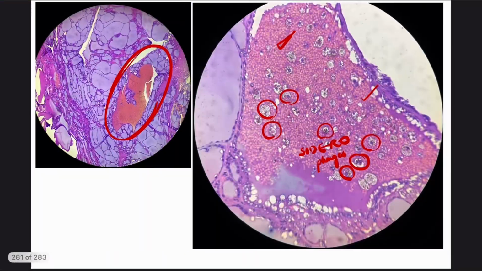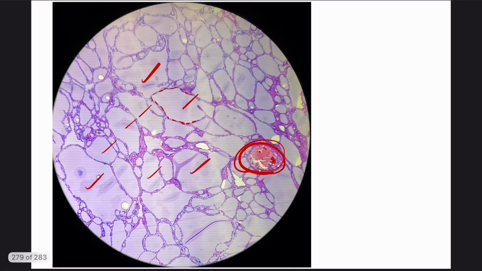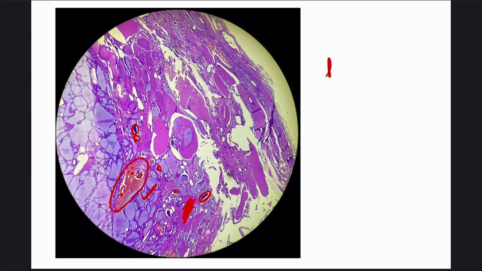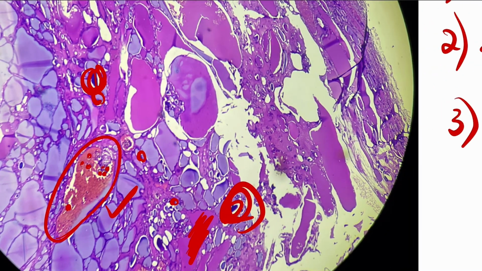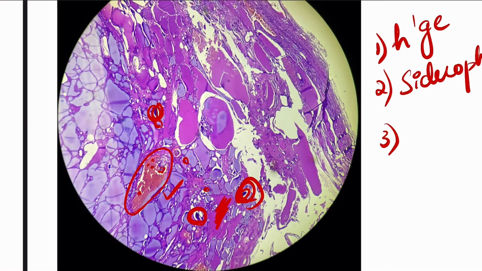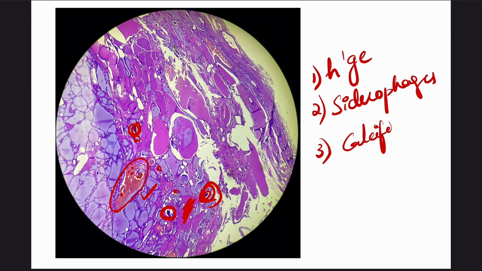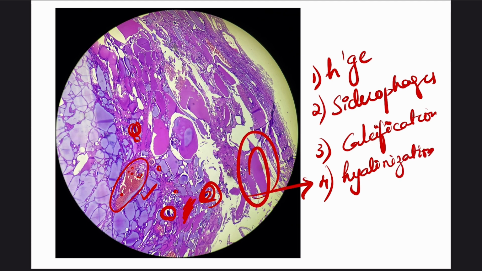So altogether, the secondary degenerative changes are the presence of old hemorrhage, presence of siderophages, calcification, these dark pigments, hyalinization of the fibrous tissue, as you can see here, and presence of cholesterol clefts, as you can see in this last slide.